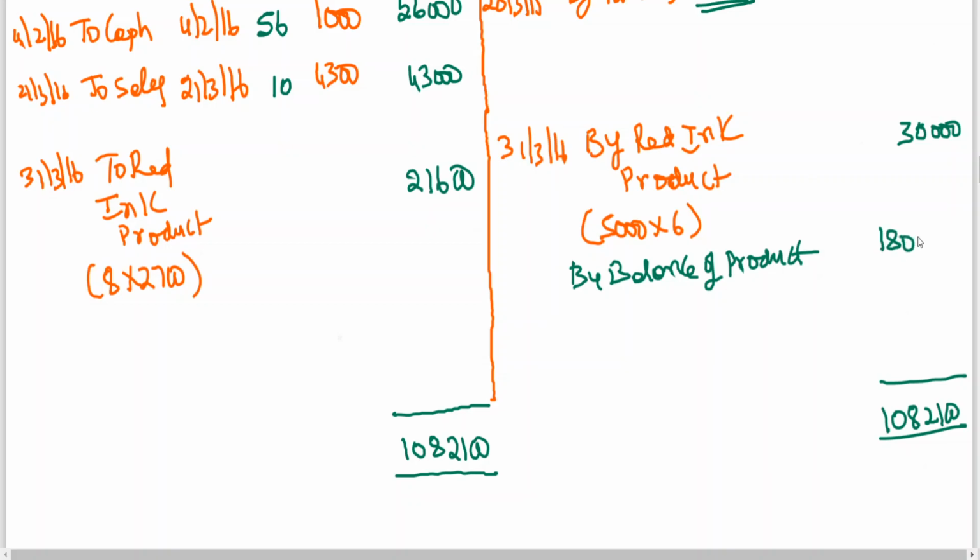Now come on, which side is the product showing more? When you are having a balance on the credit side, obviously the debit side product is showing more. On that side we should write interest: 31st March 16 to interest. Balance of product, I have told you the formula already. What is the balance of product? 1,80,600.